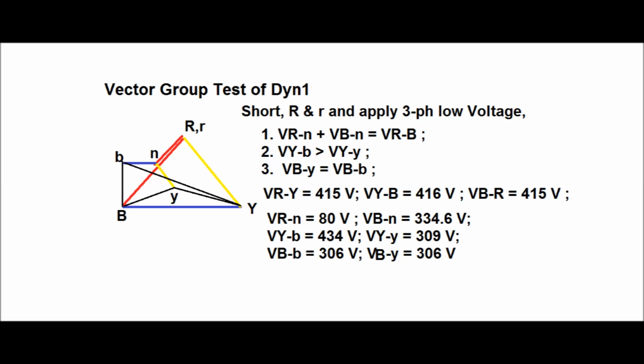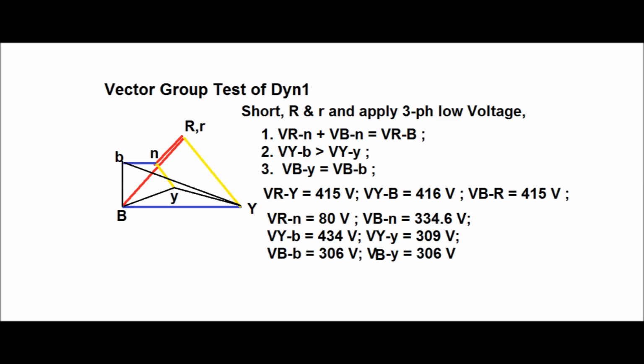Condition 2 is that the voltage between HB side yellow phase and LB side blue phase must be greater than the voltage between HB side yellow phase and LB side yellow phase, that is BYb must be greater than BYy. Condition 3 is that the voltage between HB side blue phase and LB side yellow phase must be equal to the voltage between HB side blue phase and LB side blue phase.